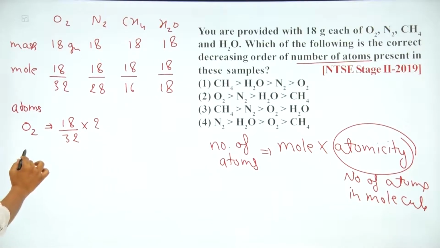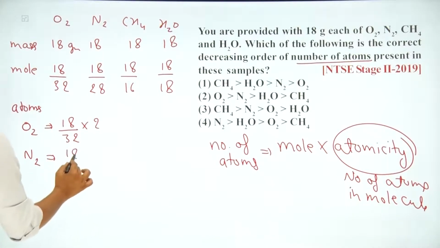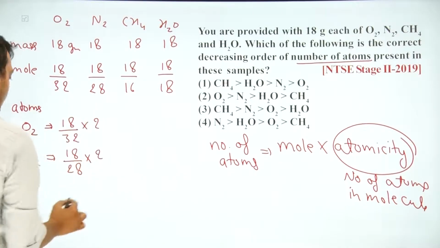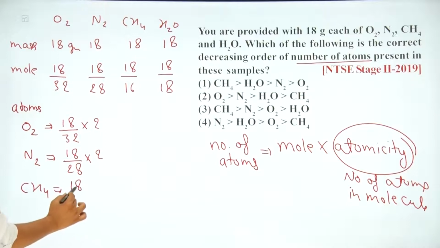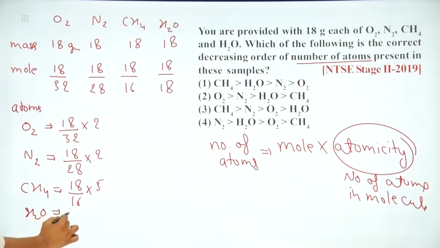Number of atoms present in nitrogen is 18 upon 28 into 2. For methane it is 18 upon 16 into 5. And number of atoms present in H2O is 18 upon 18 into 3.